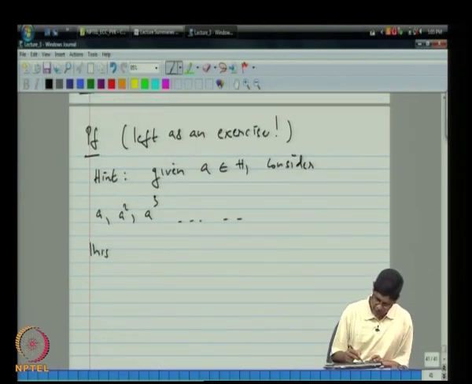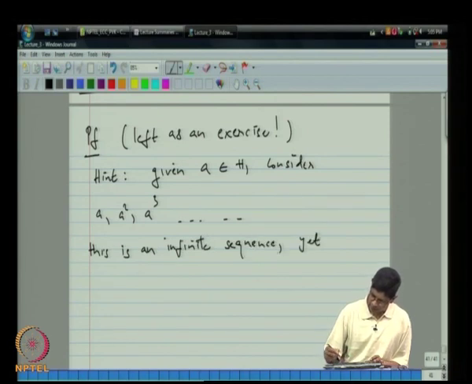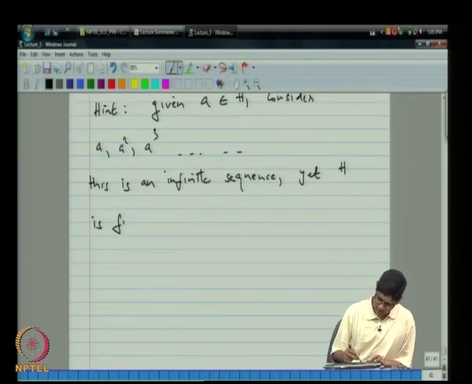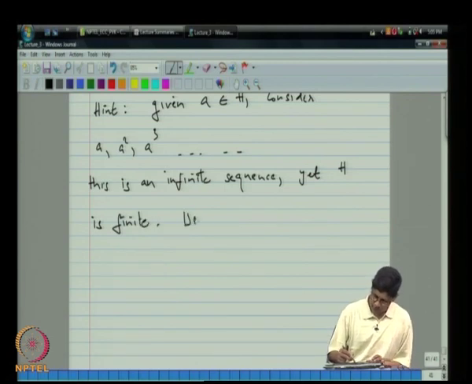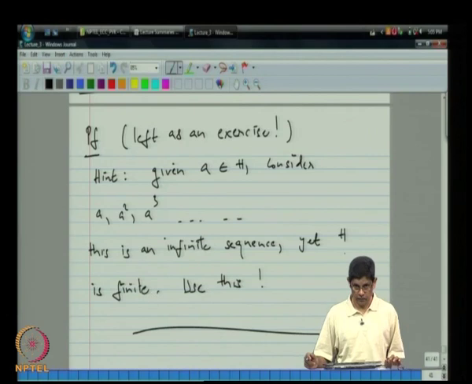This is an infinite sequence, yet H is finite. Use this. You might enjoy trying that out on your own.